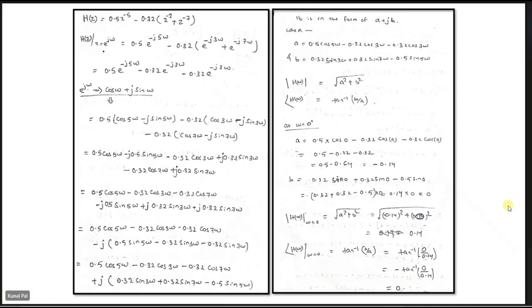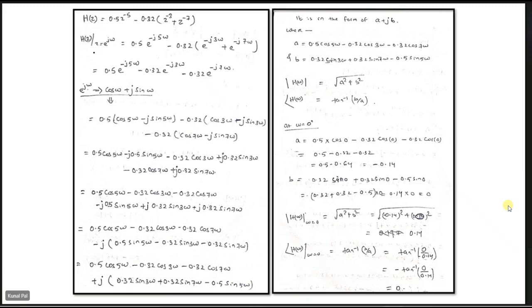Now, while talking about the rubber membrane concept, I told you that we are only and only interested in the unit circle. Why are we interested in the unit circle? Because the unit circle is basically the frequency axis for digital filters.